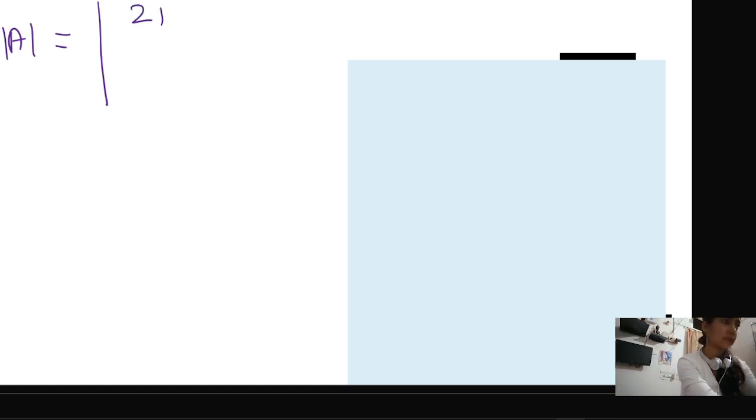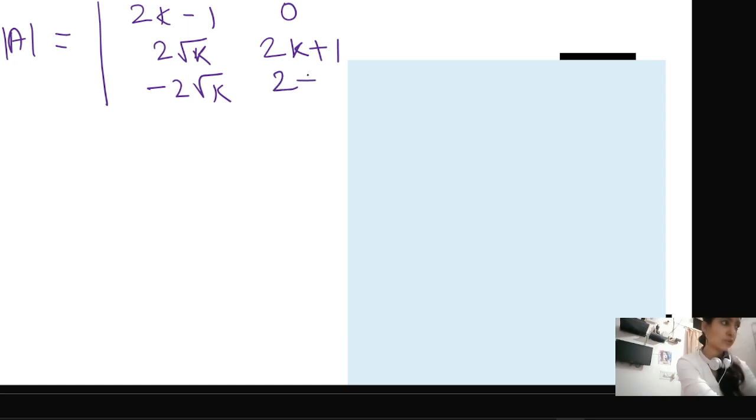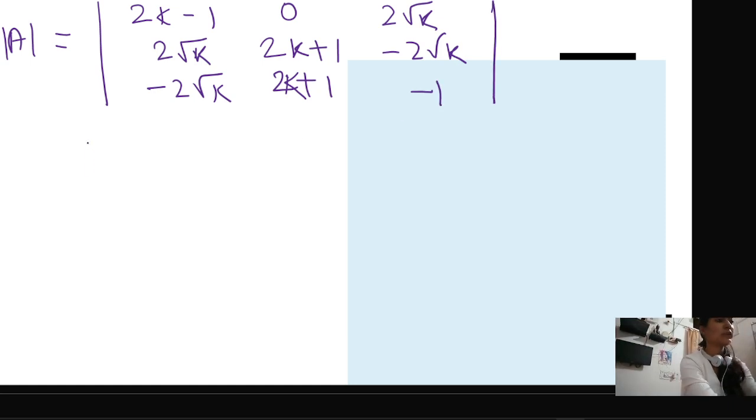Okay, so from here we are getting now next, first write the determinant. Okay, 2k minus 1, 2 root k, minus 2 root k, 0, 2k plus 1, 2k plus 1, then 2 root k, minus 2 root k, and then minus 1. Okay. Now what we can apply? Subtract row third from row 2.